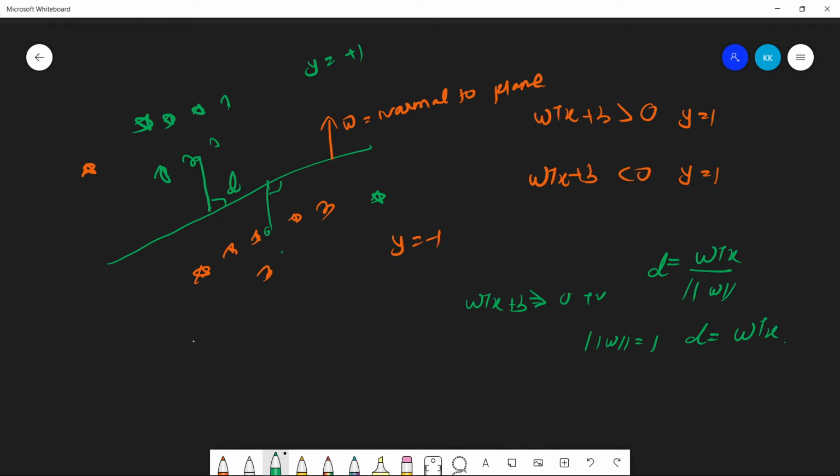So let's start with the classification problem. What happens here, for this class my y is equal to 1. So if I calculate y for positive into omega transpose x, it is always positive, because for this green point my y is always positive, that is 1, and omega transpose x is always greater than 0.